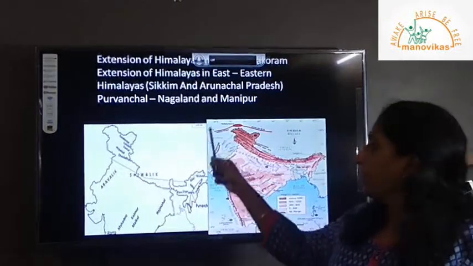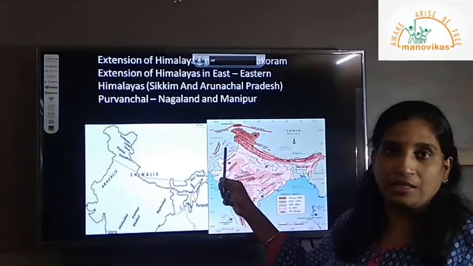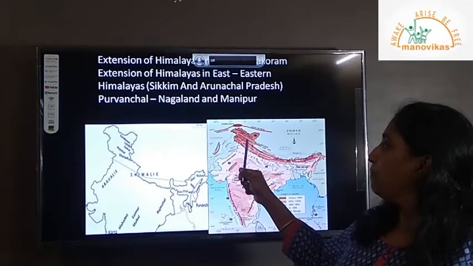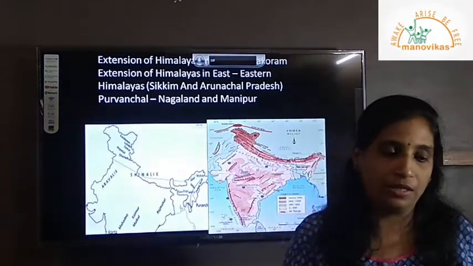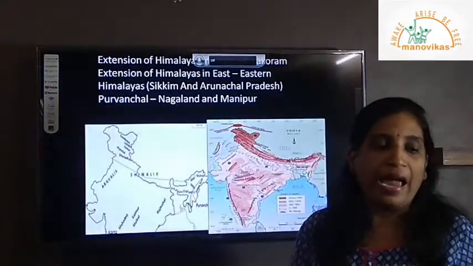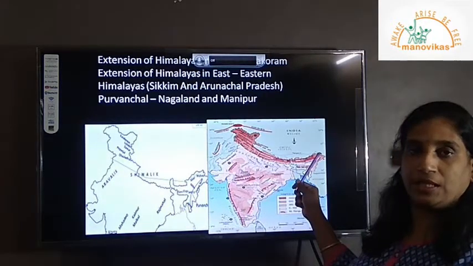Here it's the Himalayas, what we call Himadri, Himachal, and we have Shivaliks, that is the base of the Himalayas.